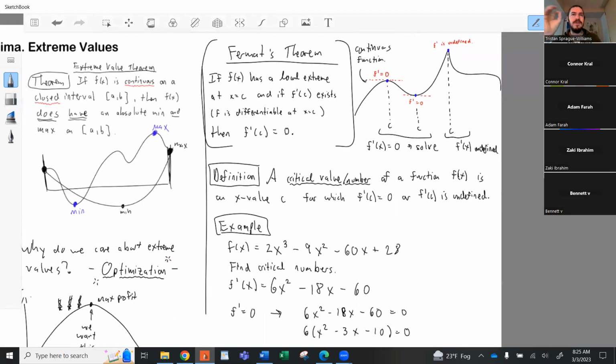Fermat's theorem says that if you're looking for local extremes, then if the function's derivative exists, it's going to equal 0. The other possibility that's maybe left unspoken by Fermat's theorem is that the derivative doesn't exist. That could happen too. So that's why we're going to end up looking for both of those things. But I'm starting with setting it equal to 0, okay? Because if the derivative exists at the local extreme value, it's going to be 0.